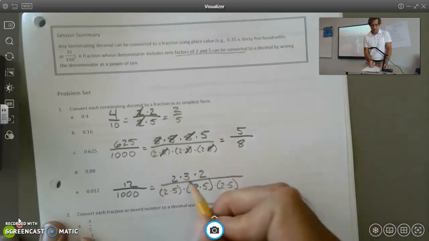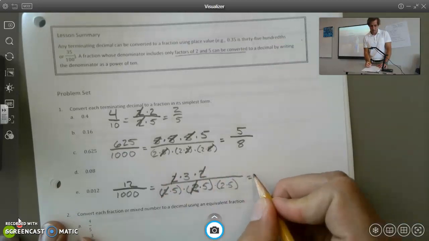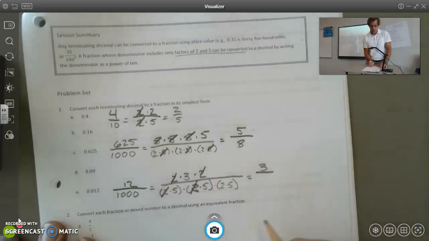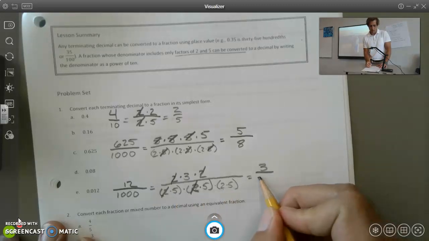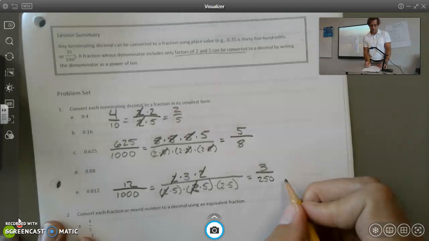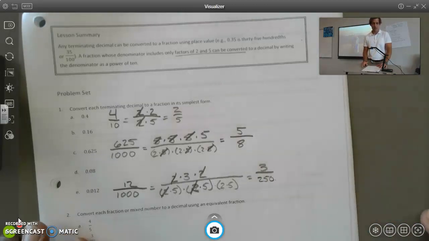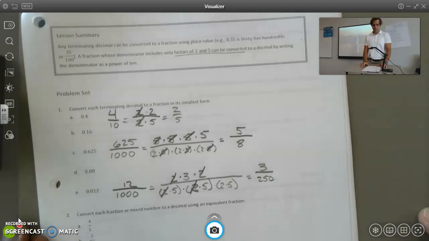Okay, cancel out, and I'm going to have left 3 over, that's going to be 25 times 2 is 50, 3 over 250. We're doing our simplest form fraction, so that's the simplest form fraction. Good.